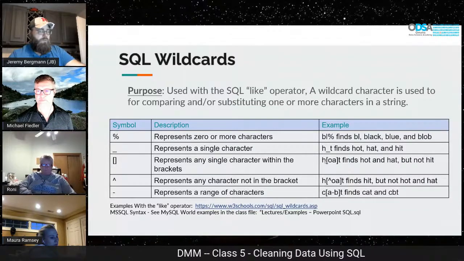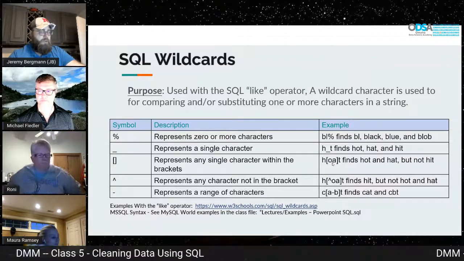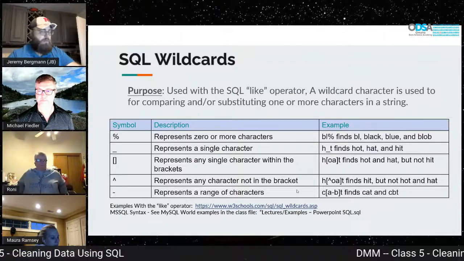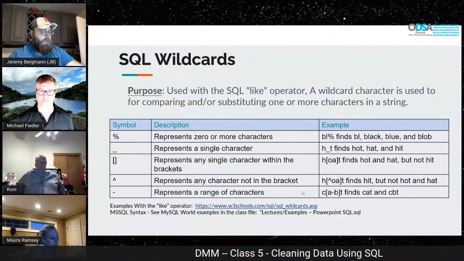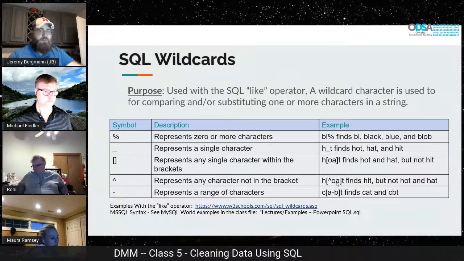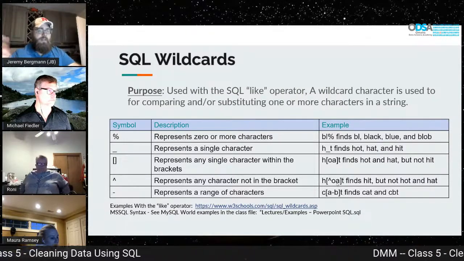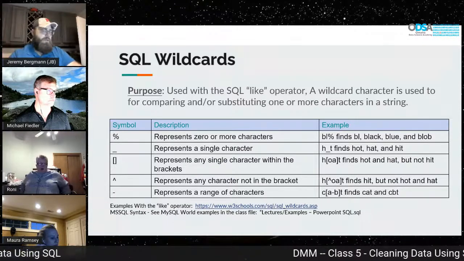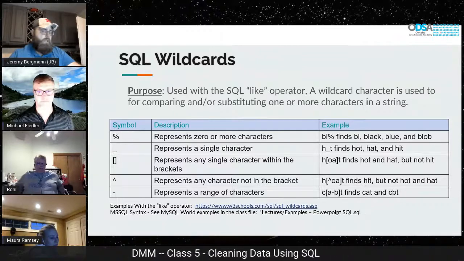It'll look for the first character H, the last character T, and the middle is O or A. The caret sign does the exact opposite. Think of the caret as kind of like the not operator. It'll find anything that's not O and A, so it'll end up finding hit.